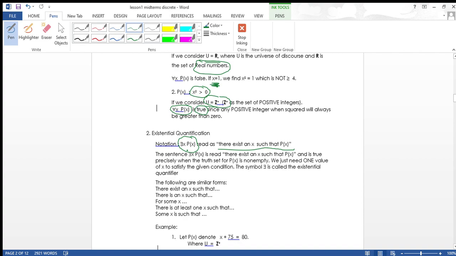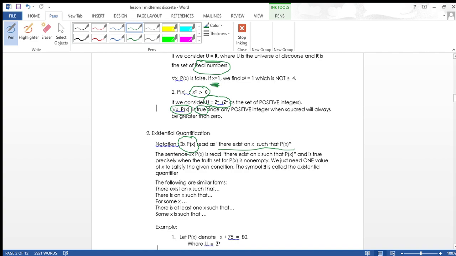Let's compare the universal quantifier and the existential quantifier. For the universal quantifier, for the proposition to be true, all the values in your universe of discourse must satisfy the condition in the proposition or in the function.